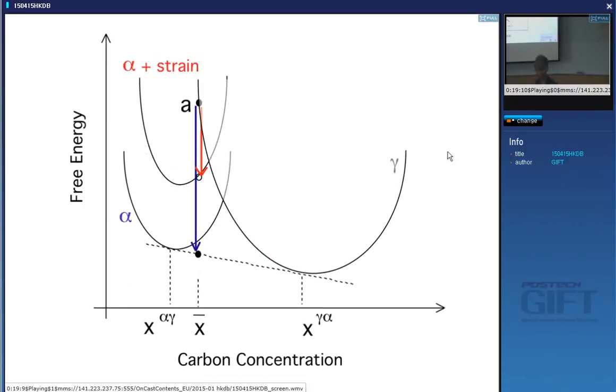Right, so this is the driving force that we are interested in. This is for the equilibrium transformation, and that will be larger than the driving force for martensite because we don't have a composition change and because there's a strain energy term here. Okay? So the difference between this and this is the strain energy.